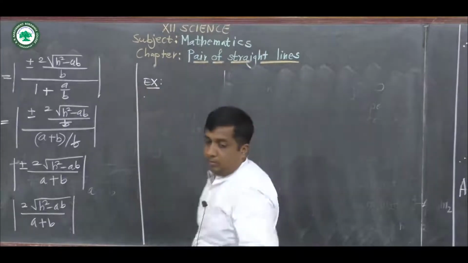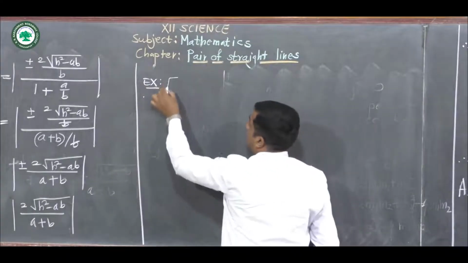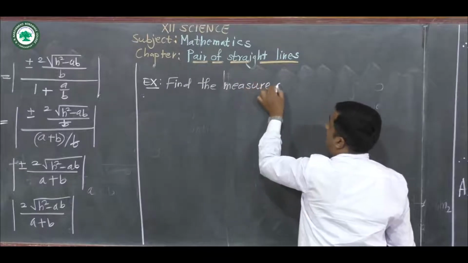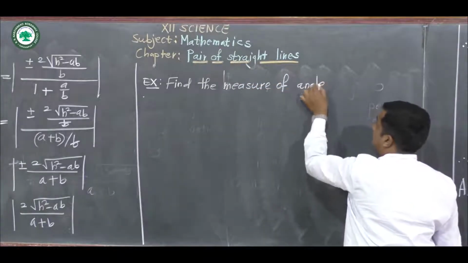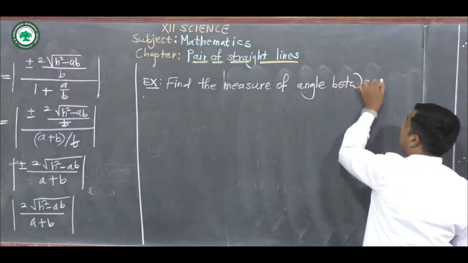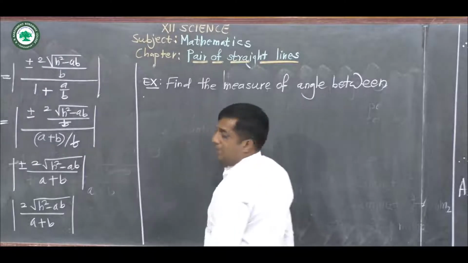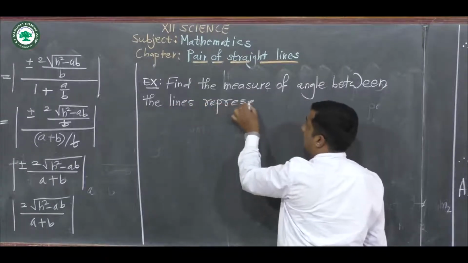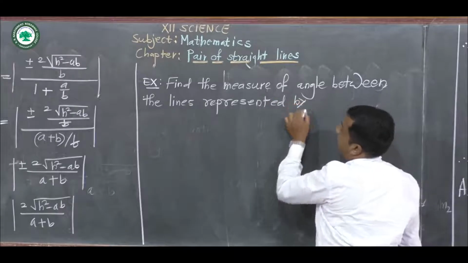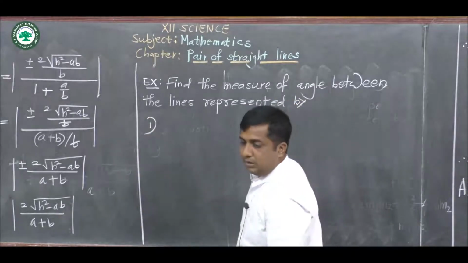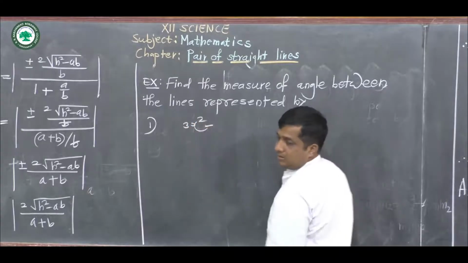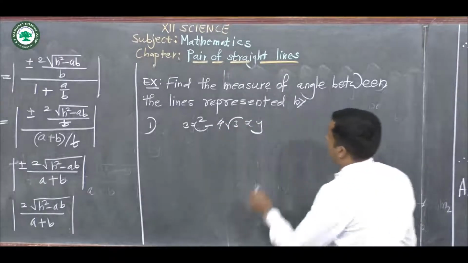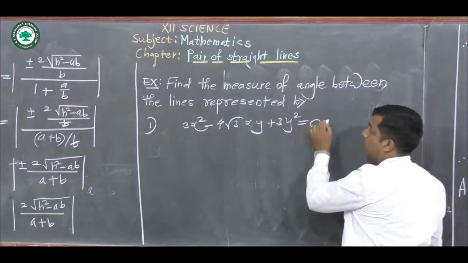Example: find the measure of angle between the lines represented by 3x square minus 4 root 3 xy plus 3y square is equal to 0.